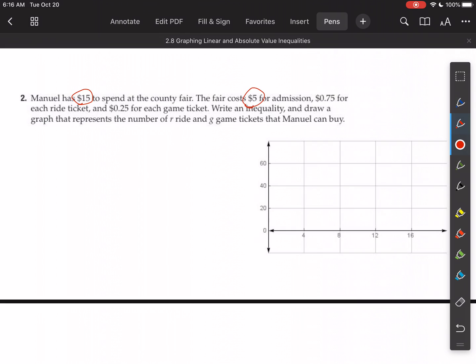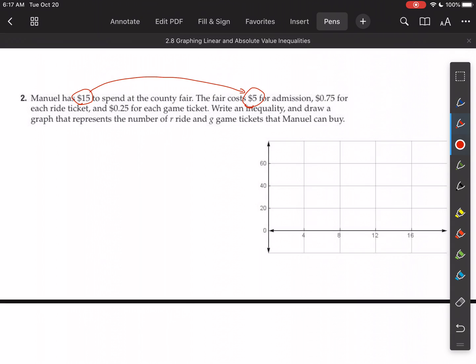It costs $5 just to get in. So what we can really work with here, because we're trying to figure out how much he has left to spend for the rest, is that I can do this math before I even write my equation. Basically, I have $10 left. So the rides plus the games have to be less than or equal to $10.